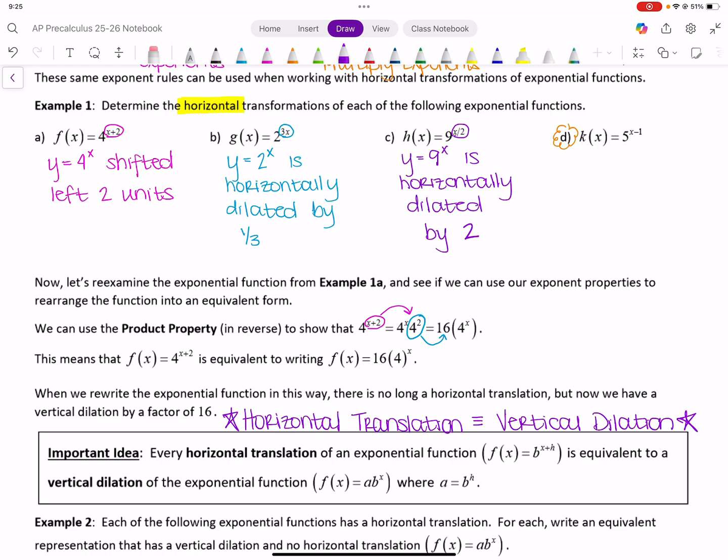So that's also the important idea noticed here. Remember, your translation is just your shift, horizontal meaning shift left or right. So if we rewrite our function, that left or right shift can become a vertical dilation.